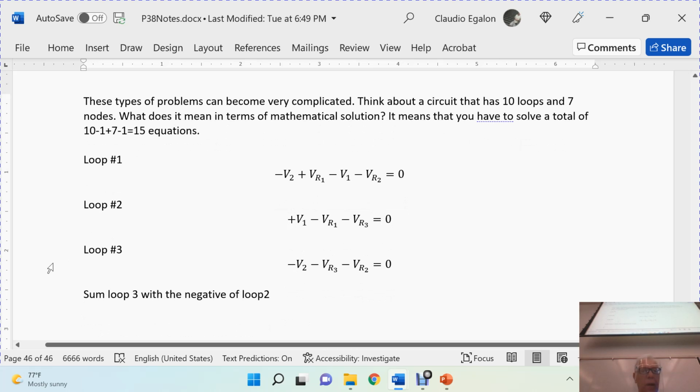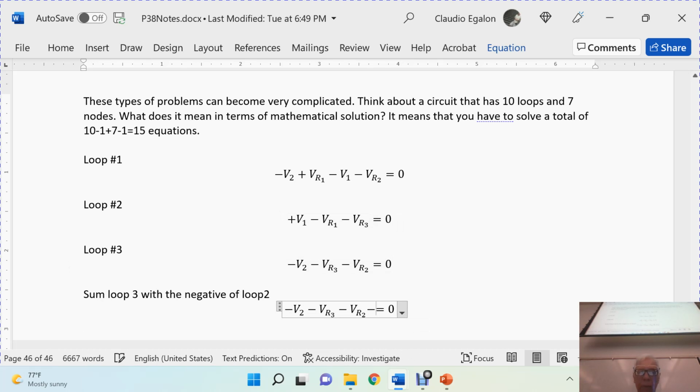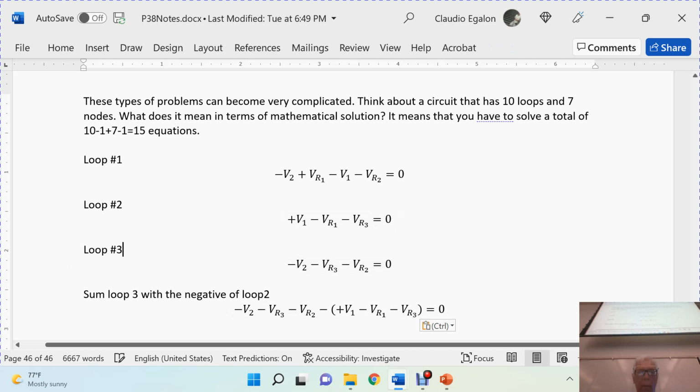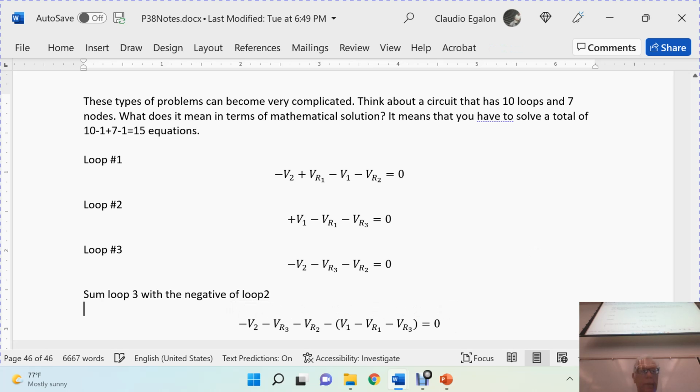Sum loop 3 with the negative of loop 2. Let's see what we get.